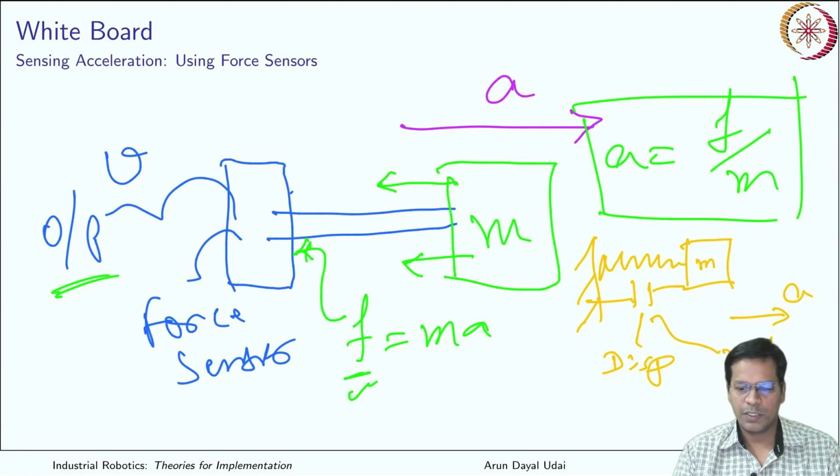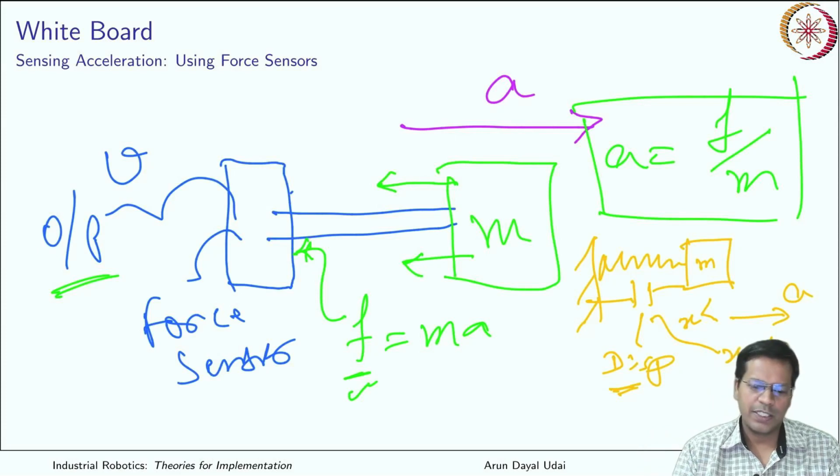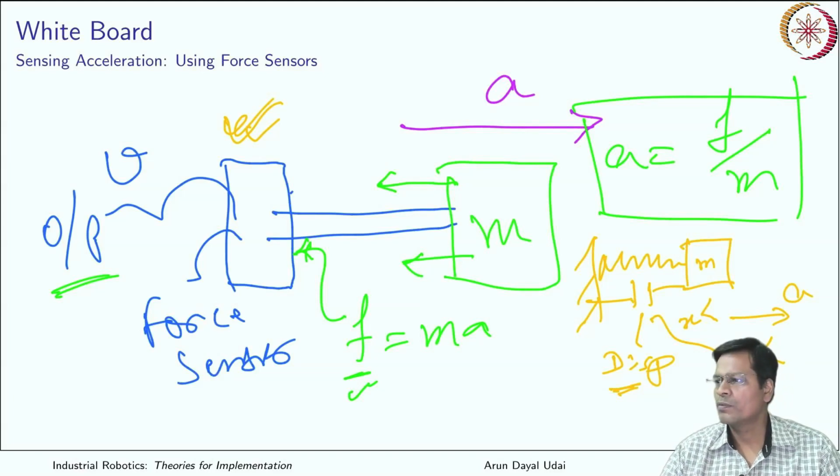So the distance between them, if it is x, x will be reduced. Got it? So using some external device, if you can measure this displacement, definitely you can estimate how much your acceleration is. So yes, there are many ways to measure acceleration using some primary sensor. Over here I have demonstrated how it can be done using a force sensor or a displacement sensor. You can have other things also which can be used as an acceleration sensor.